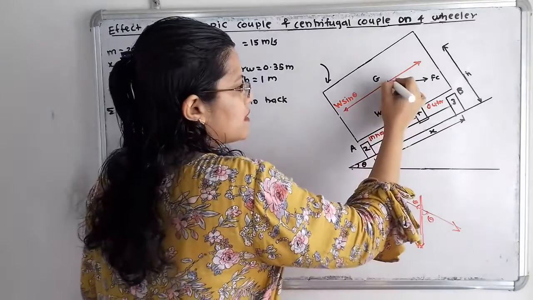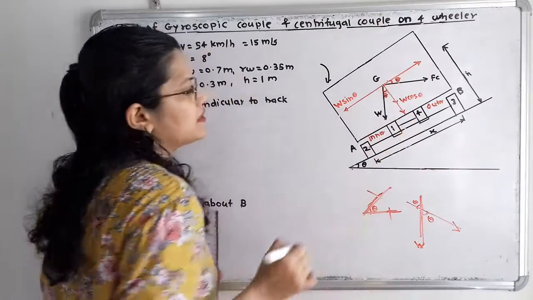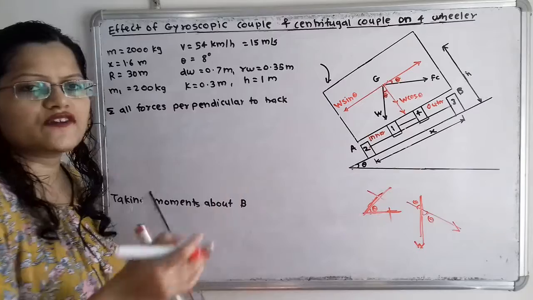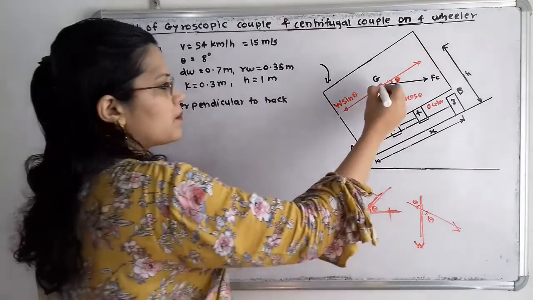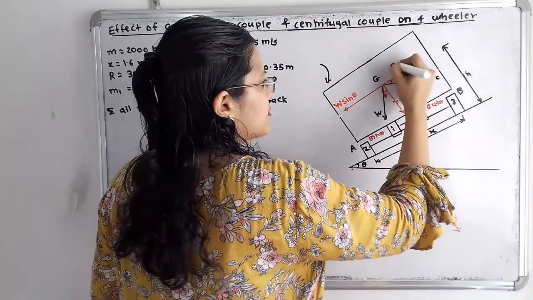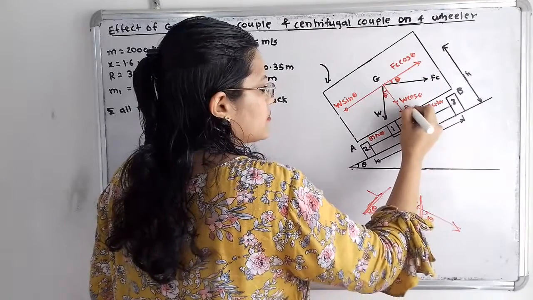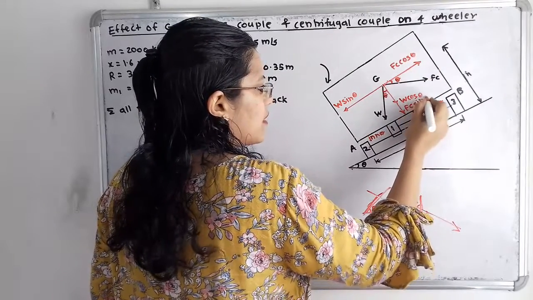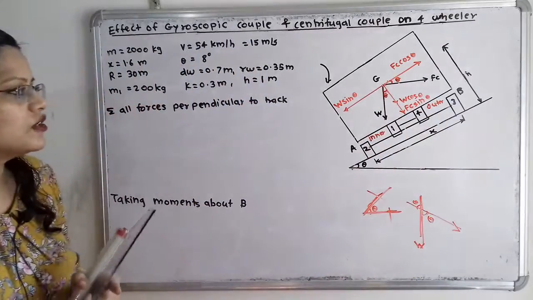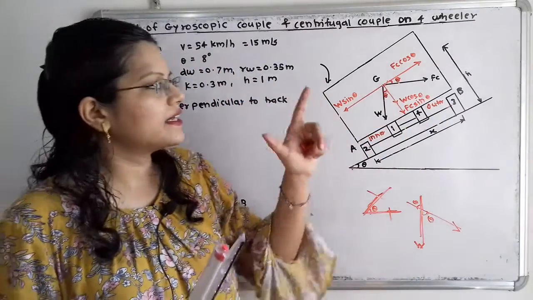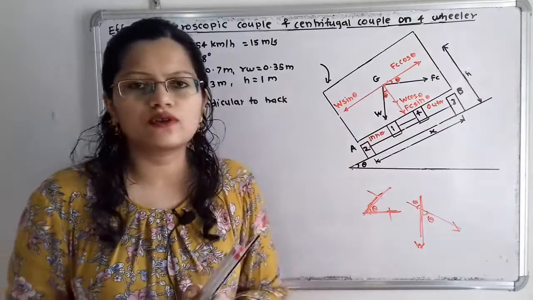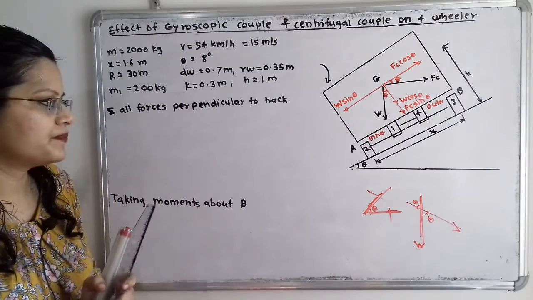So these two lines are parallel, so the angle will be the same, that is theta. Now it is easy for us to give the value. This component is nearby to theta, so I will say FC cos theta, and this component is away from theta, FC sin theta. In this way the resolution is getting completed.